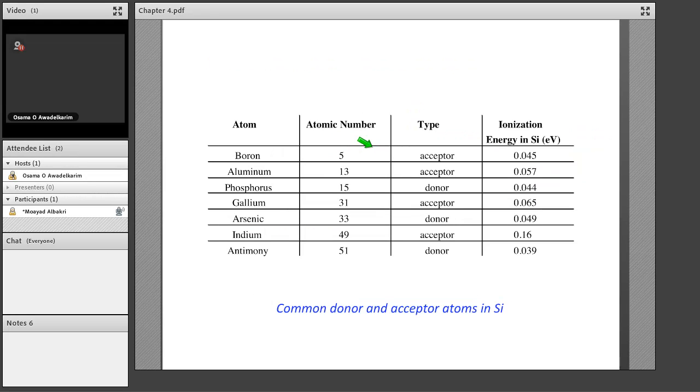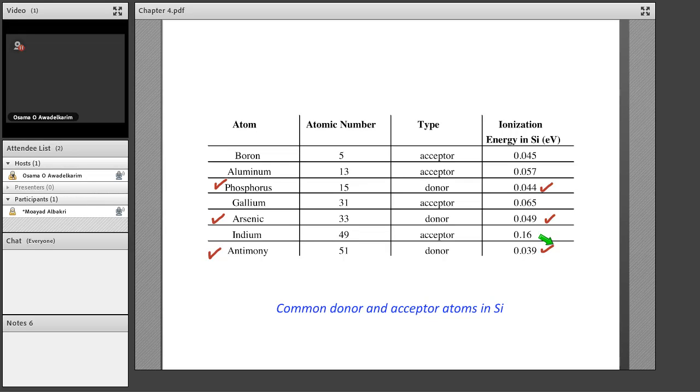So let me give you some group 5 elements: phosphorus, arsenic, antimony. These are all group 5, which you can add to silicon. And the energy that is needed to free the electron in phosphorus is 0.044, in arsenic is 0.049, and in antimony is even smaller, 0.039.